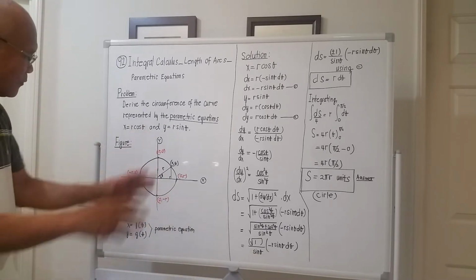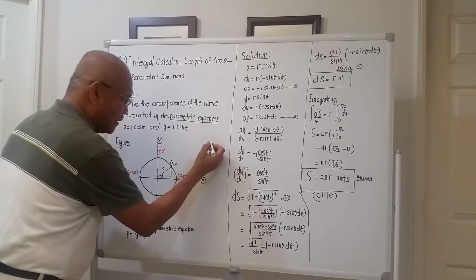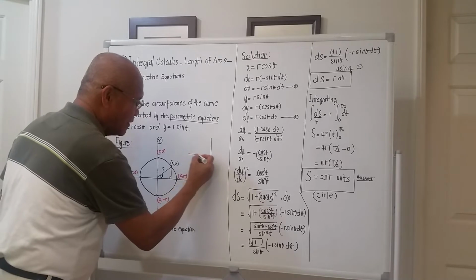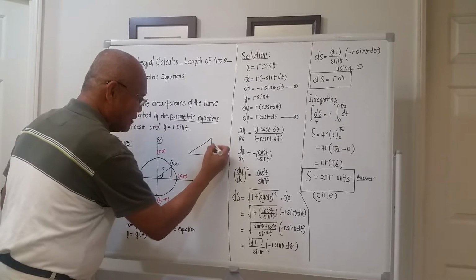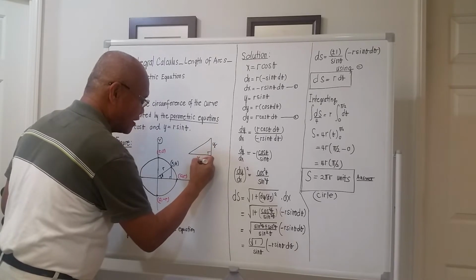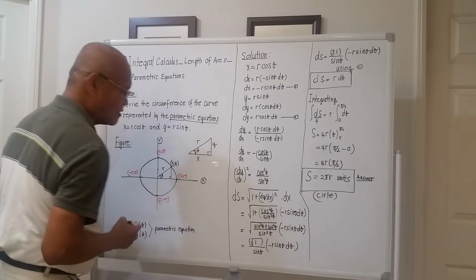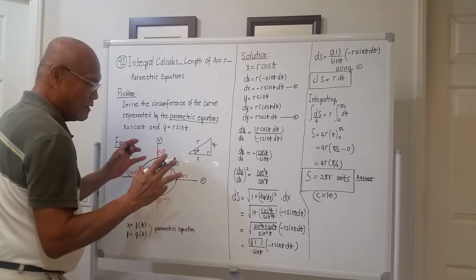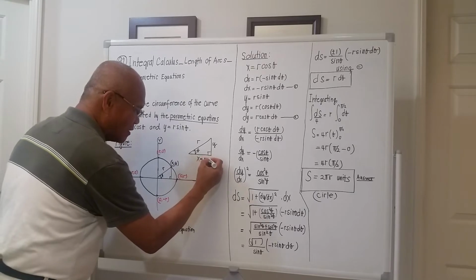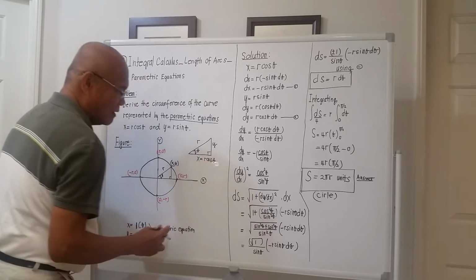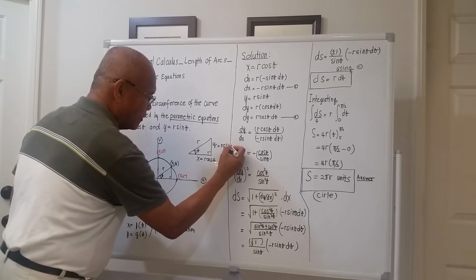So if I will try to bring out the figure, it seems we are given a right triangle. This is the right angle, this is y, this is x, this is theta, and this is r. And from the given condition of the problem, x is actually r cosine of theta, and y equal to r sine of theta.